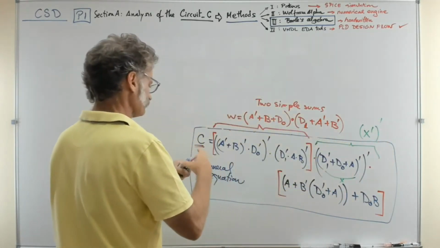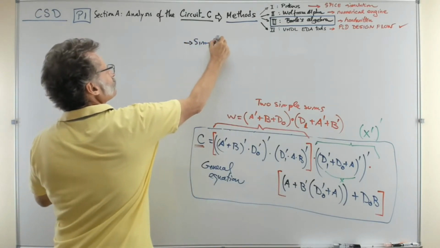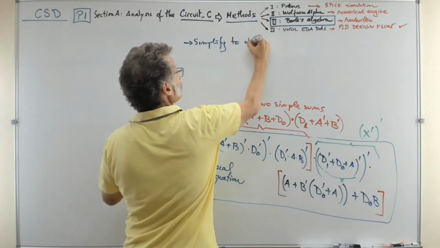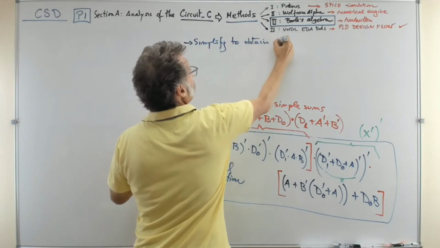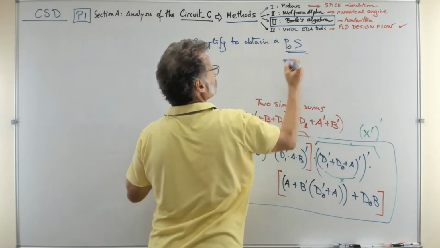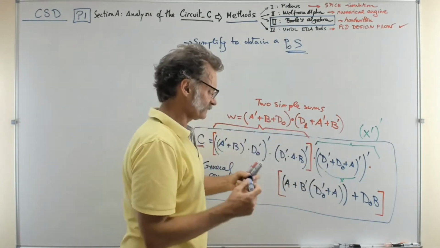So remember that we are simplifying to obtain a product of sums. This is what we are pretending here, like this one, right? So let's try to simplify this term.